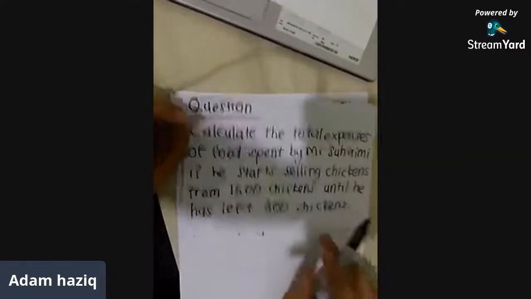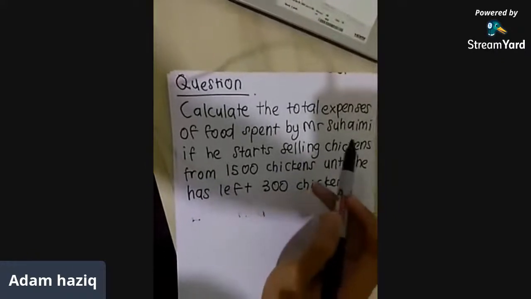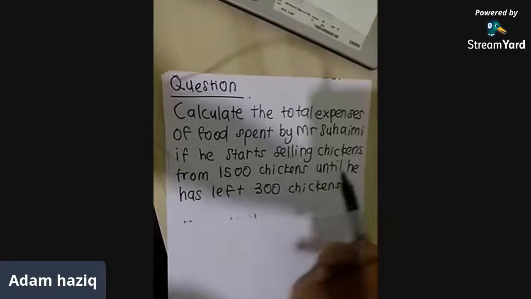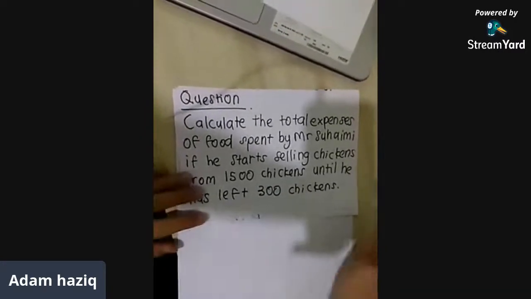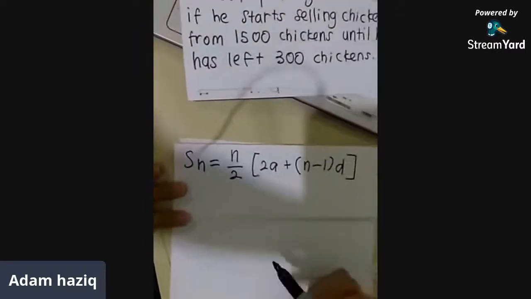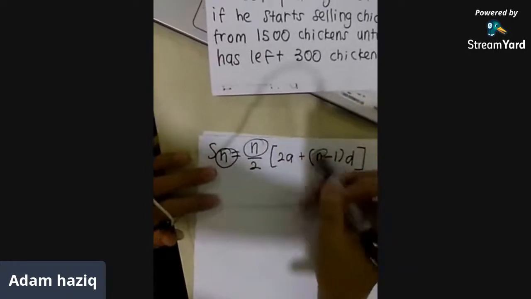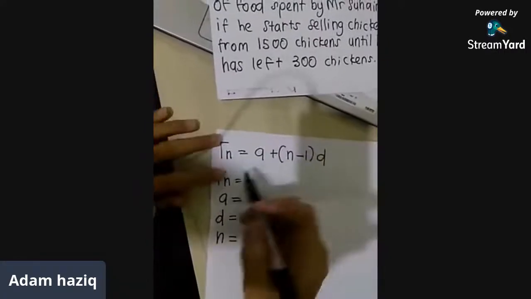Now, the question is, calculate the total expenses of food spent by Mr. Suhaimi if he starts selling chickens from 1,500 chickens until he has 300 left. Now, when we look at the word total here, you must be thinking of using this formula, right? But no, we still don't know the value of n. So we have to go through this formula, T_n, in order to find the nth term.